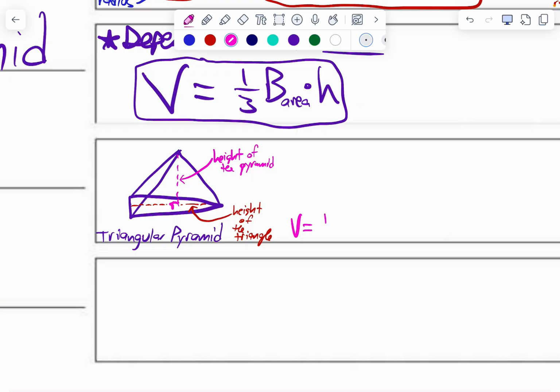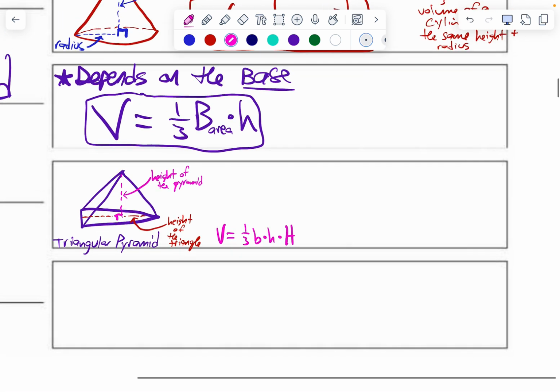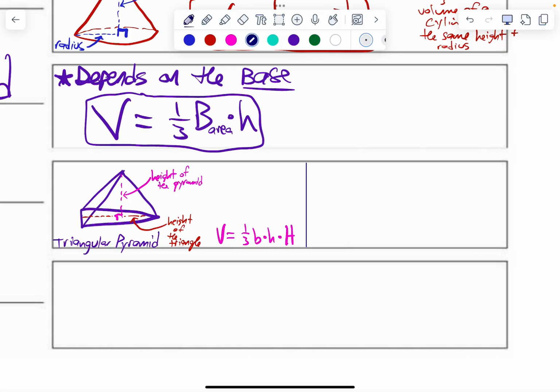Well, maybe something like this: 1/3 base times height times big height for the whole overall height. I really want you to understand this more conceptually than remembering 50 formulas. We know it's 1/3 of the volume of the prism. The prism has a volume of base area times height.